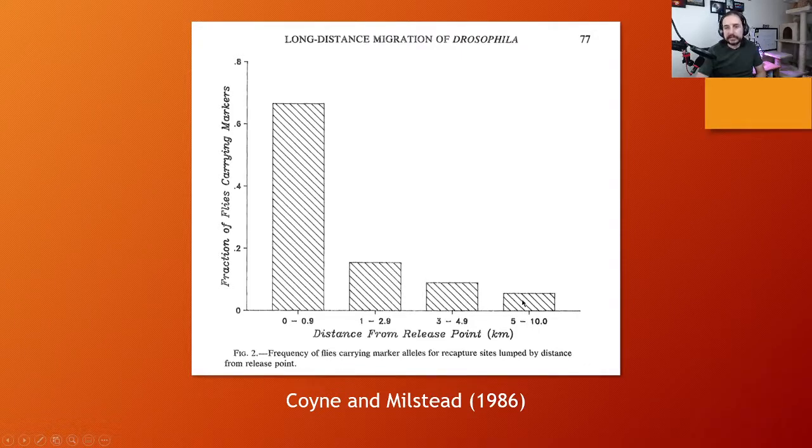This shows that the flies move, they don't really stay at one point, they move long distances. They tracked these flies because they were genetically modified flies with genetic markers in them. They collected all the flies they could find, then ran gels and tried to find their own flies in these gels.